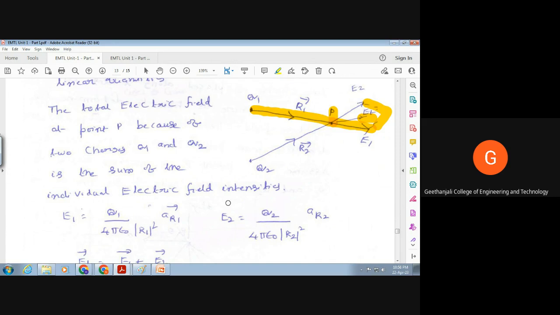Throughout the static electric field, our intention is to determine the electric field intensity at a given point for a given charge distribution. So in fact, charge appears in 4 different forms. One is a point charge, and then the line charge, surface charge, and the volume charge.